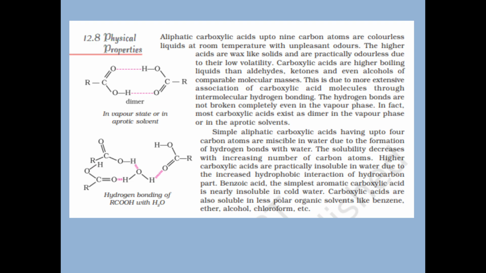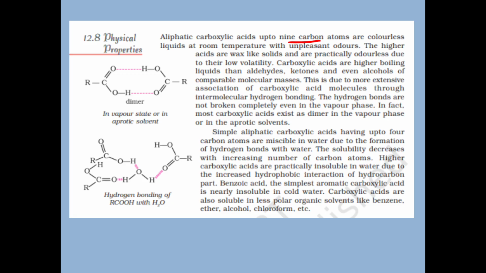Physical properties. Aliphatic carboxylic acids up to 9 carbon atoms are colorless liquids at room temperature with unpleasant odor. Higher acids are wax-like solids and practically odorless due to their low volatility. Carboxylic acids have higher boiling points than aldehyde and ketone.